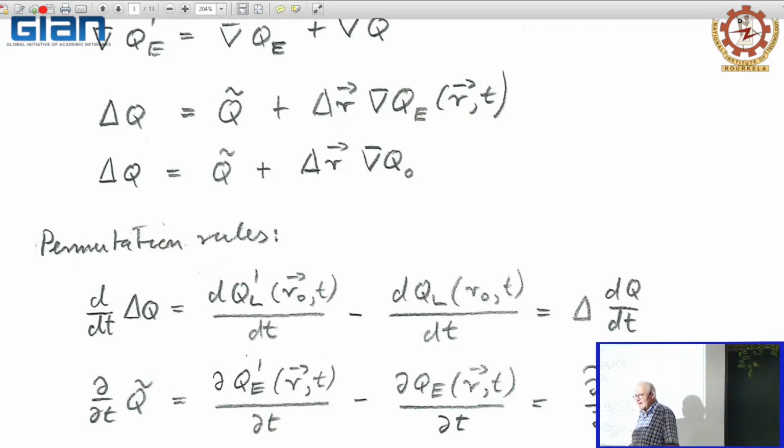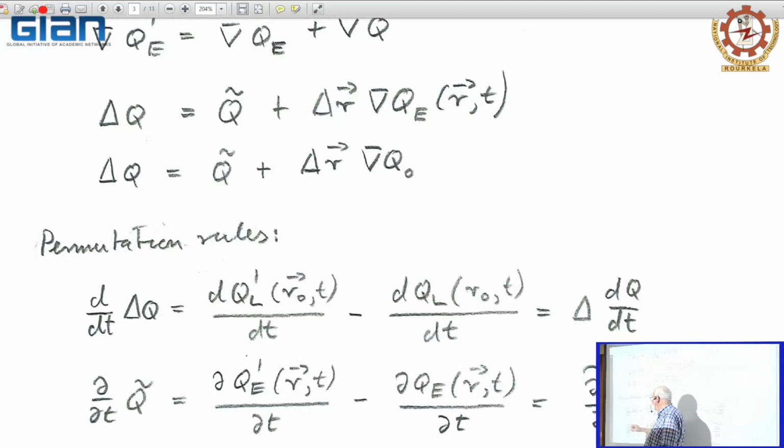Well, if you remain within your Eulerian or Lagrangian picture, it's nice. Then they commute with each other. For instance, d by dt is the Lagrangian time derivative acting on a Lagrangian perturbation of quantity q. Then by definition of the left-hand side, this is ql dash at position r naught by dt minus dql by dt at r naught. And this, on the other hand, is simply the definition of the Lagrangian perturbation of dq by dt. So that's fine.